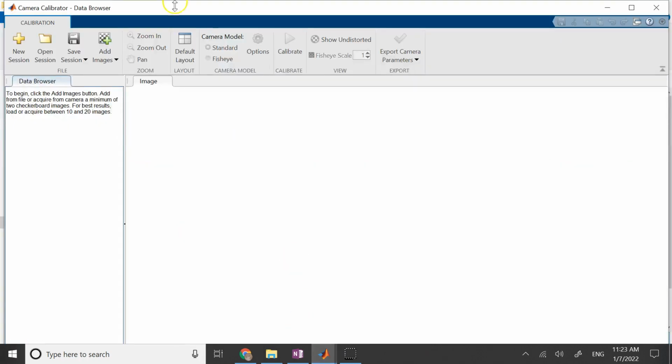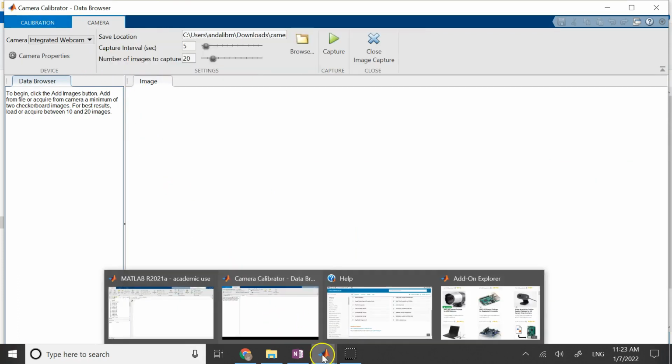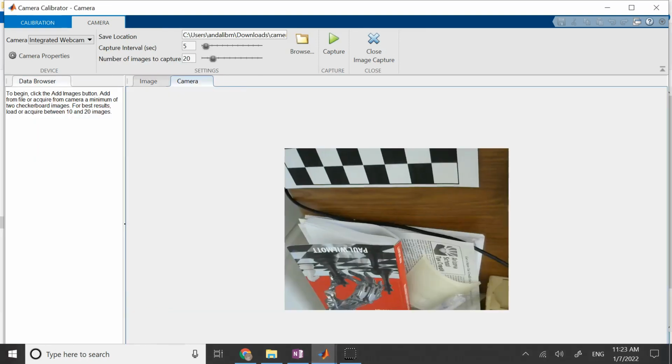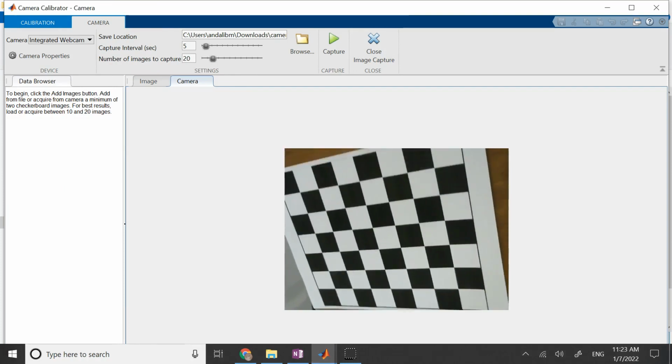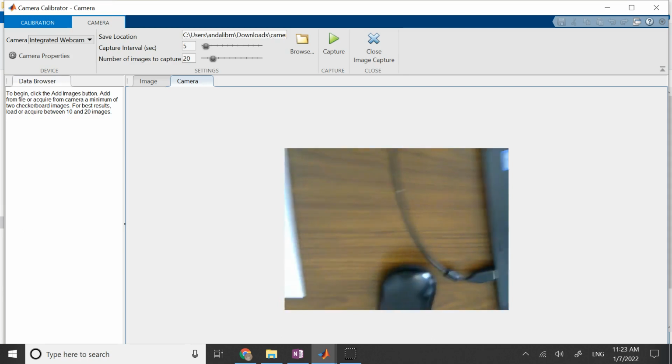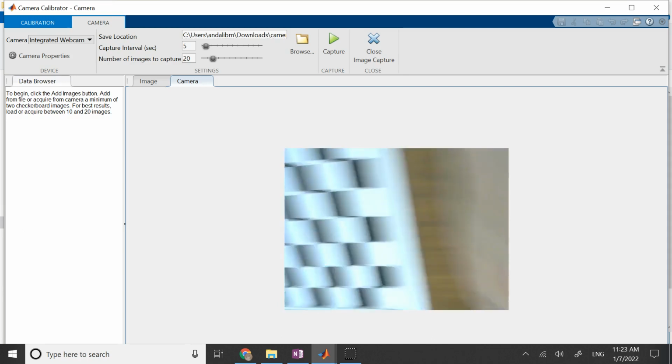So here, if I go and say add images, but I say from camera, right now it is going to try to use the USB webcam here. You see, this is the USB webcam now that I have, correct? You see here, it's connected.